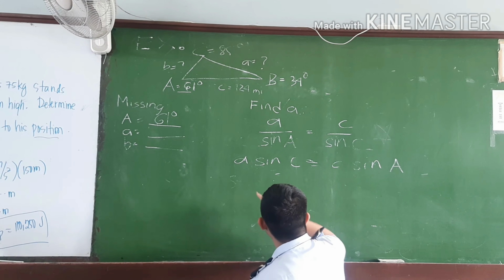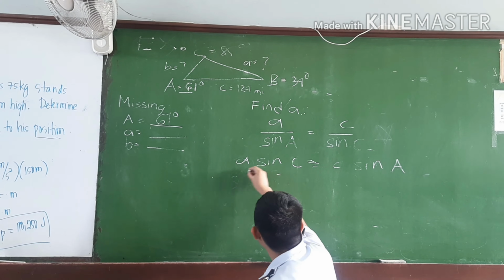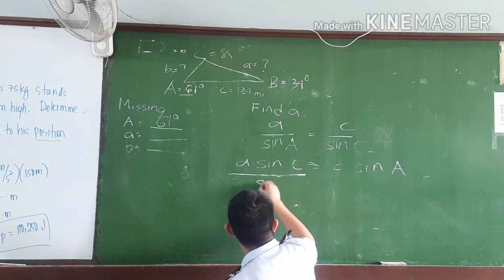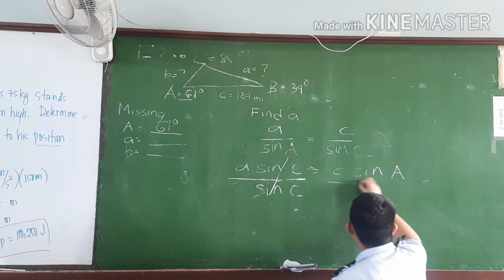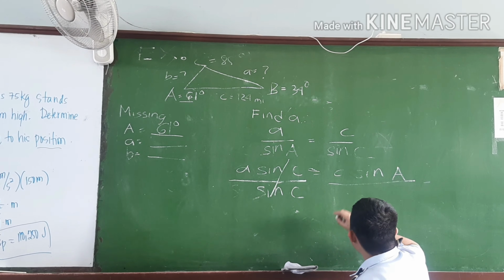And in order to get side A, we must divide by sine C to cancel it and transfer it to the other side.